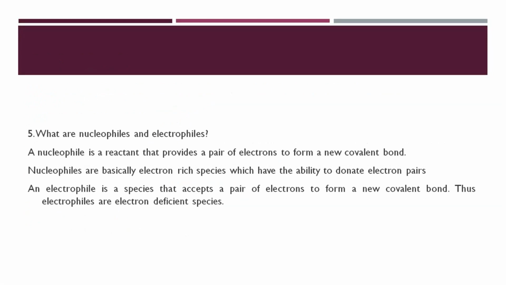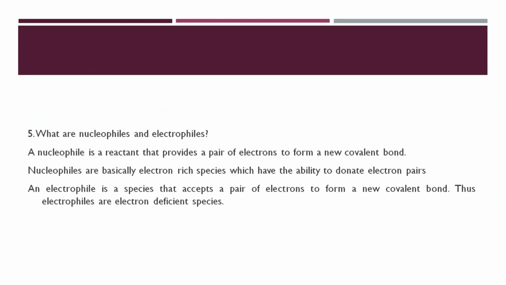If we relate these terms to the practical we have performed, that is synthesis of benzimidazole, orthophenylene diamine contains two NH2 groups. Nitrogen has a lone pair of electrons, whereas the carbon of the formic acid acts as a carbocation.